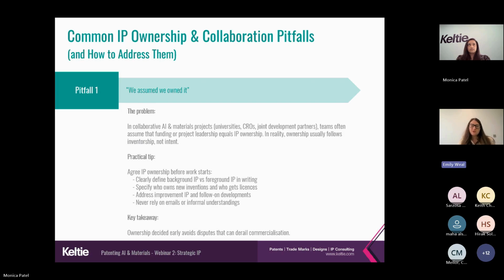So we thought we'd take you through a few common issues that can come up around ownership, which is also related to what we've just been talking about. A very common one is that a situation has arisen that involves lots of different parties, and somebody has just assumed that they will own the IP because it makes sense to them. So, for example, we're collaborating with these people, but we think we brought this to the table, so we've just assumed that we have the rights to the IP.